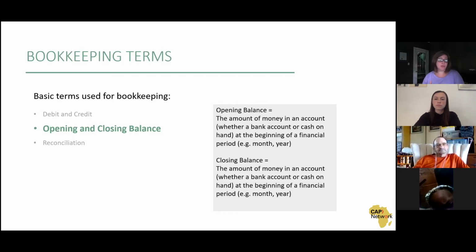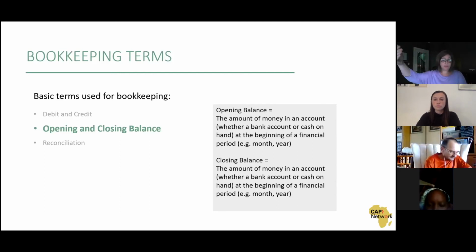It might be something you're reporting to a funder to say our opening balance at the beginning of the project reporting period was X. We had these debits, and now our closing balance is Y. And that's the kind of very basic financial report you might be submitting to a funder on a regular basis throughout a project.